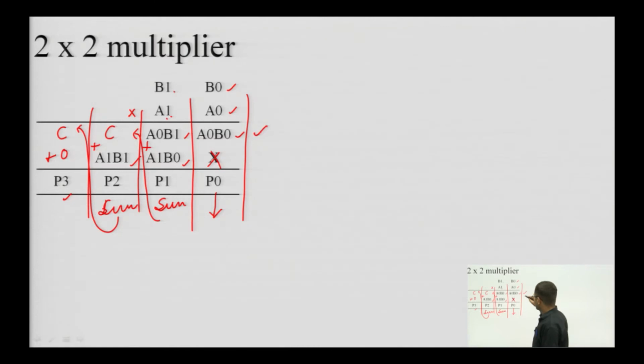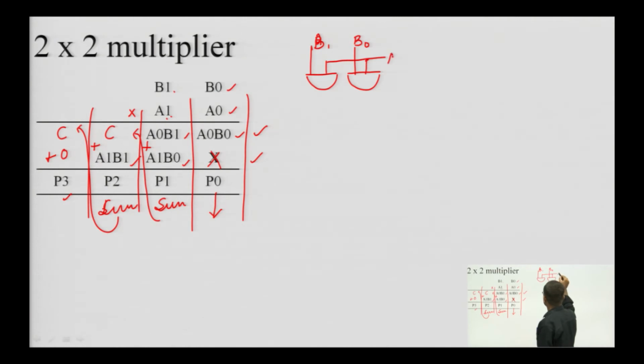First, generation of these two rows. Let us generate the first row a naught b 1, that means two products are to be generated. This is b 1 and this is b naught, and both multiplied by a naught. So, these are the two products.